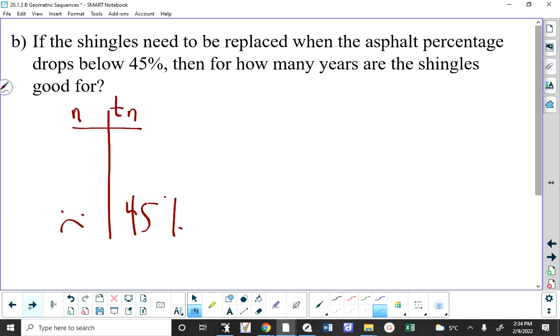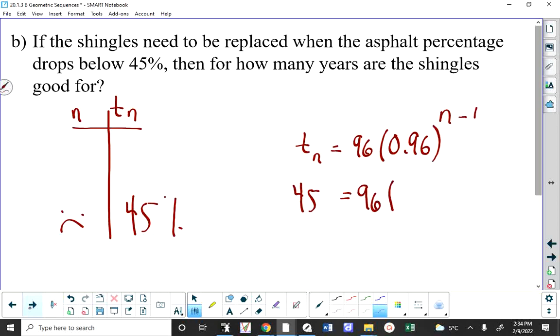And what we're going to try to figure out is this: if Tn equals 96 times 0.96 to the n minus 1, we want to solve this equation. Which, oh boy, my Math 30-1s right now don't know how to solve that equation. They won't know for another month or so. You don't know how to algebraically solve that equation, because the unknown is part of an exponent.